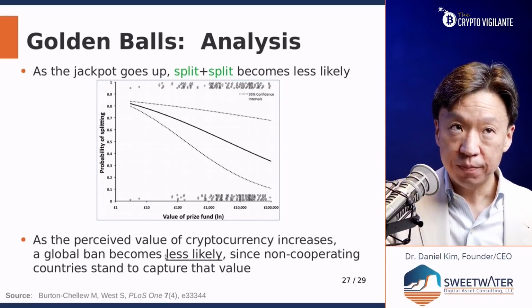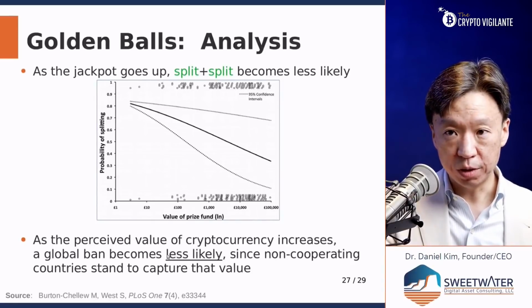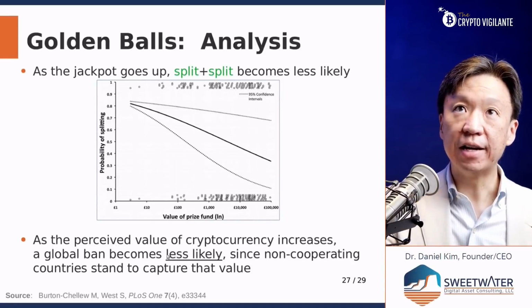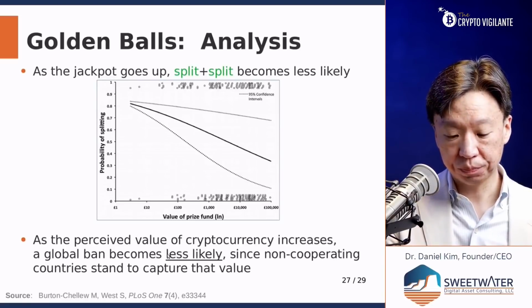So basically, since the price of crypto keeps getting more valuable, this is saying that game theoretically, a global ban becomes less likely as time goes on.